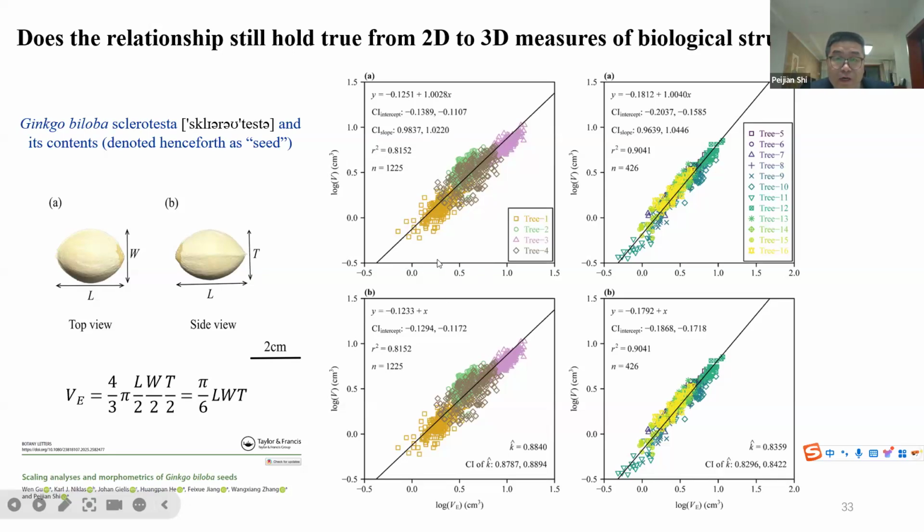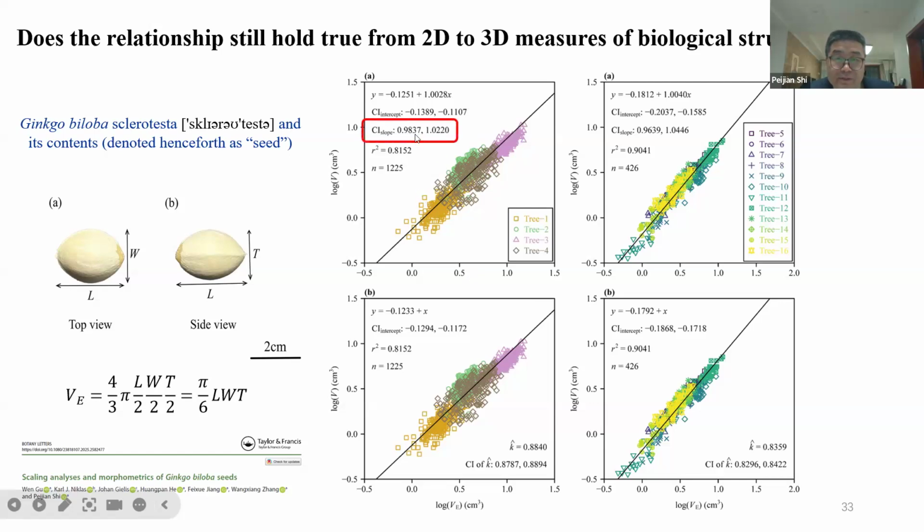On the left column, we show the fitted result using linear regression.